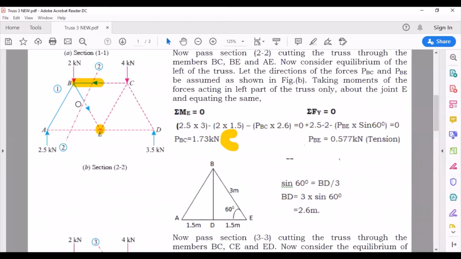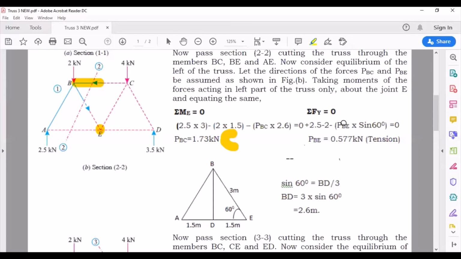The vertical component will be acting downwards with the intensity PBE sine 60, that is minus PBE sine 60.